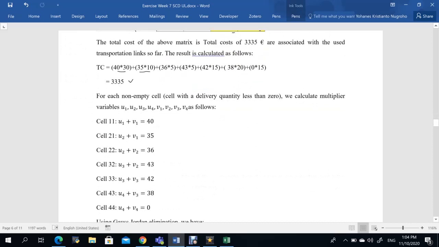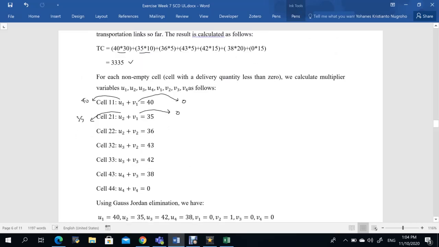Therefore, if V1 equals 0, then U1 equals 40, right? And then U2 equals 35.